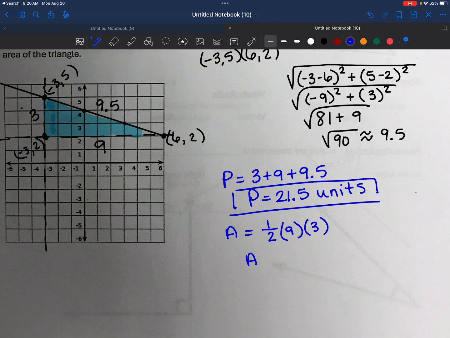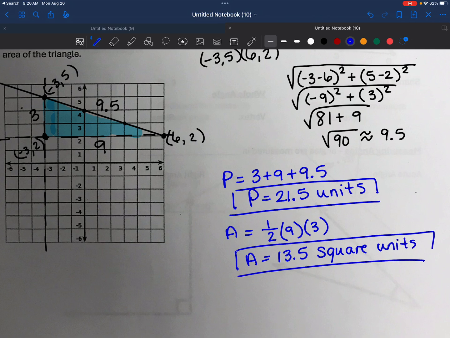Okay. 9 times 3 is 27. Half of 27 would be 13.5. Okay. Questions on this? Feel okay?